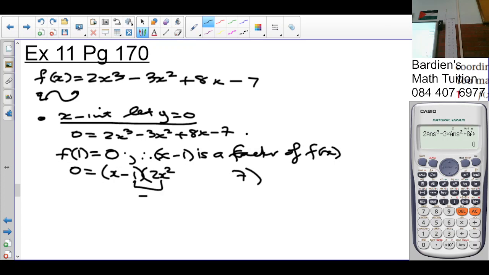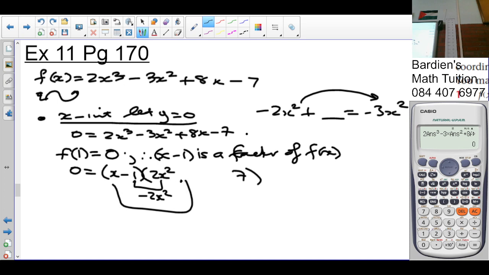So that would give us negative 2x squared. So what must be added to negative 2x squared to get negative 3x squared? Negative x squared, not so? So it's negative x squared divided by x is negative x.